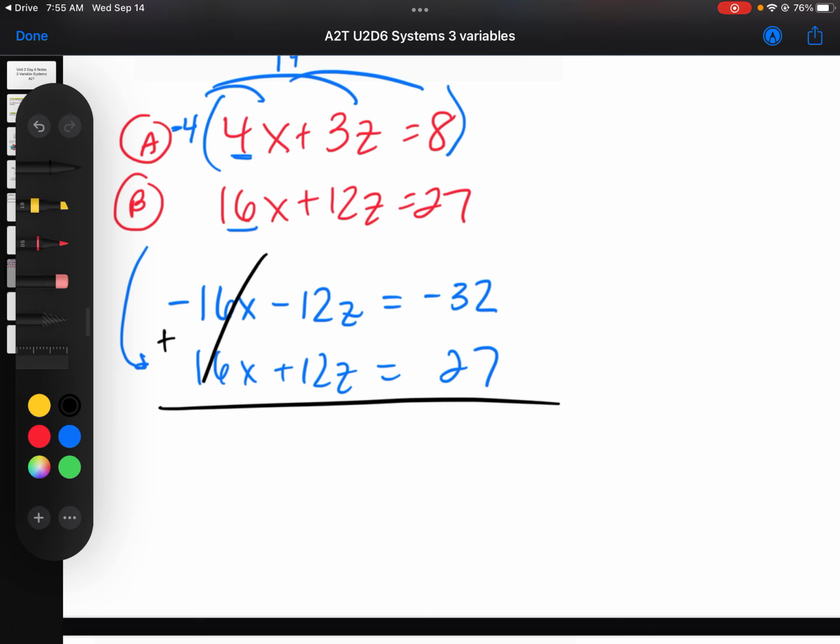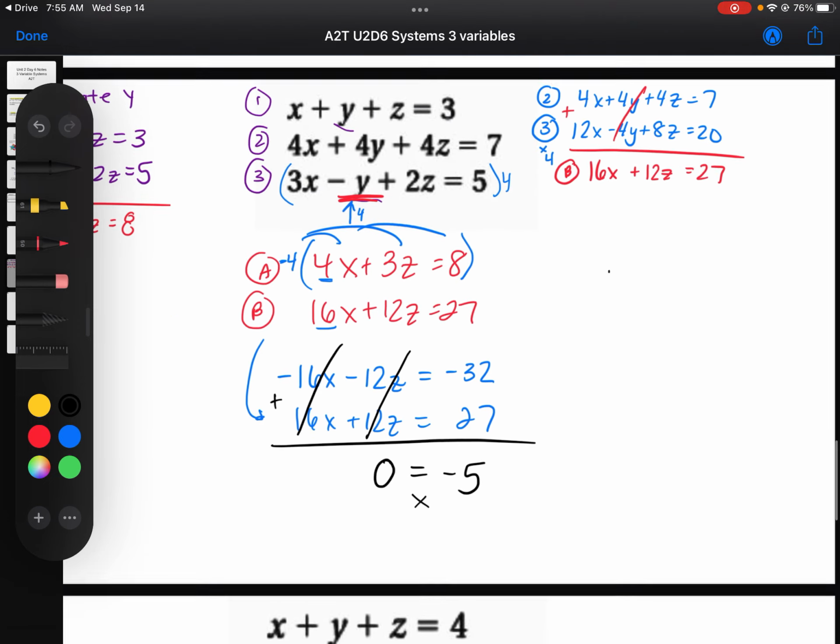Negative 16 plus 16 is 0. Negative 12 plus 12 is 0, so I have nothing on the left side, 0. And then negative 32 plus 27 is negative 5. Well, that's not a true statement. That's false. So this actually is no solution.